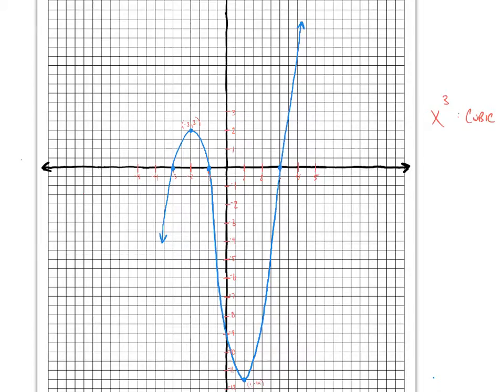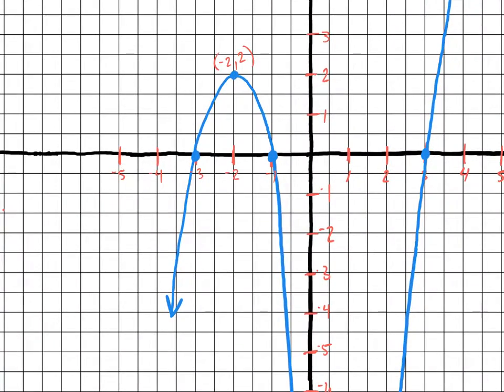Well, in the case of this end of our polynomial, all the way to the left, we've got a downward facing arrow at this point. So y is moving downward. Y is moving downward here.